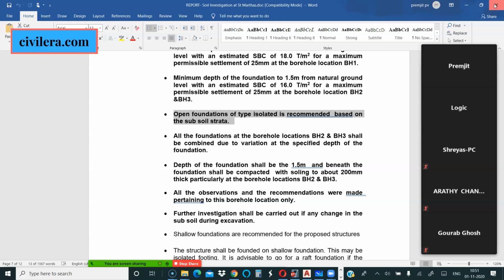As professional ethics, I always do that. Even if it's a one-floor building, if someone asks me, can you inspect and decide the SBC on your own, I don't do that. Three reasons. One, I'm not a qualified geotechnical engineer, even though I can maybe make out some information by seeing it with my experience. Second, I want the right SBC to come in.